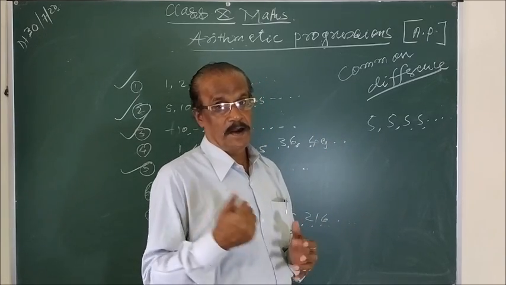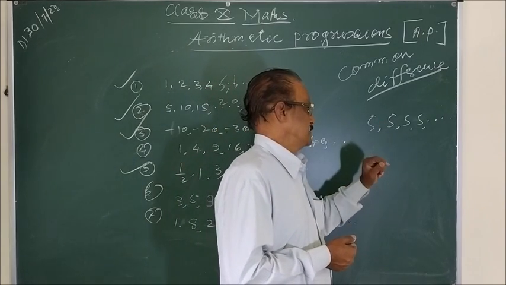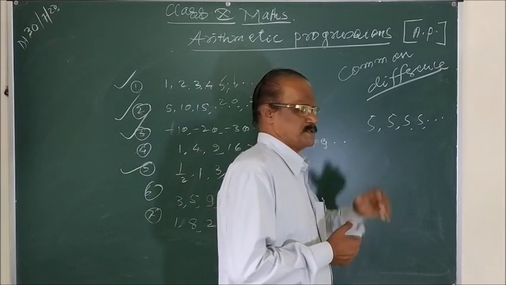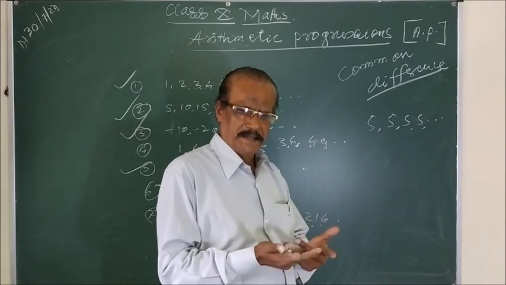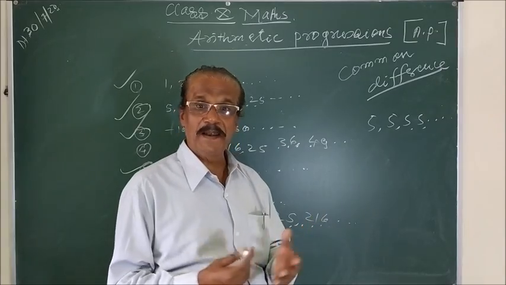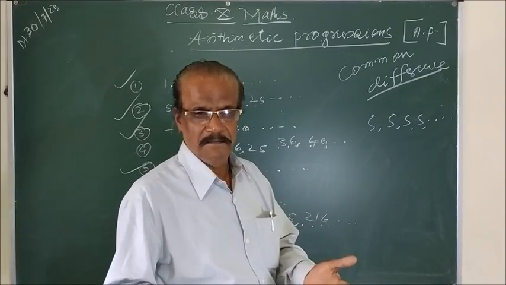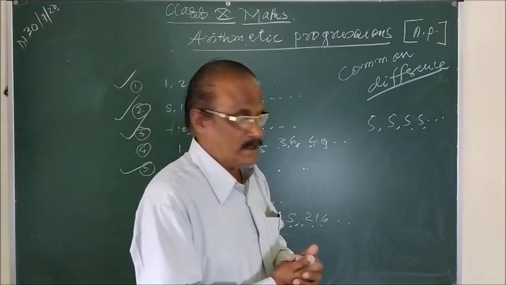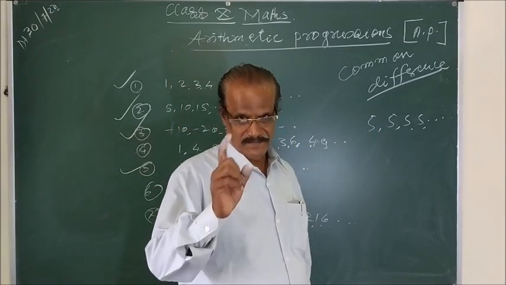If I ask you why, because the numbers of this list, each number increases or decreases by 0. So 0 is the fixed number. 5 plus 0, 5, 5 plus 0, 5, 5 minus 0, 5, 5 minus 0, 5. This means common difference is 0. So this is also in AP.